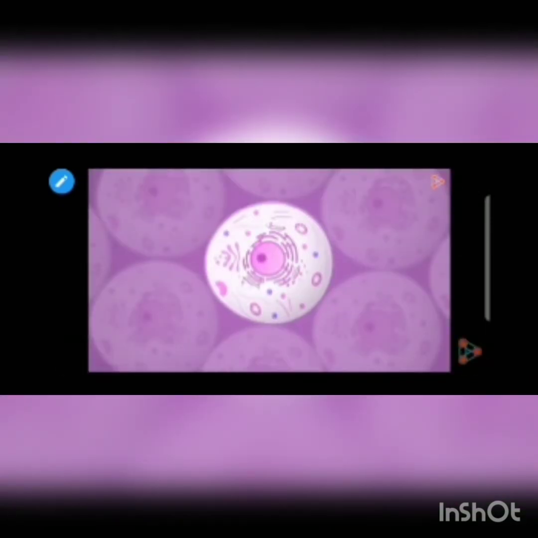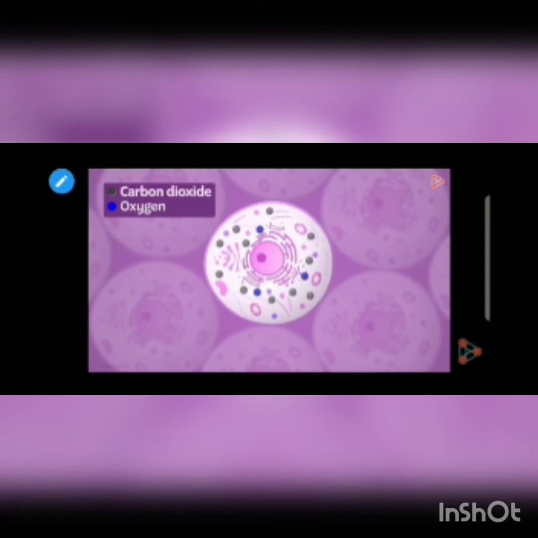As you know, diffusion is the movement of carbon dioxide and oxygen between the cells. Now in the cells, as a result of respiration, the amount of carbon dioxide will be very high, while carbon dioxide is less outside the cell. So carbon dioxide from inside the cell will move outside.